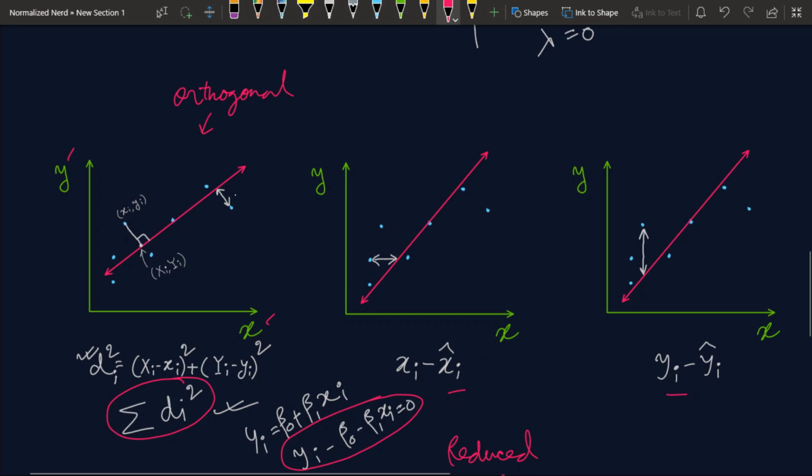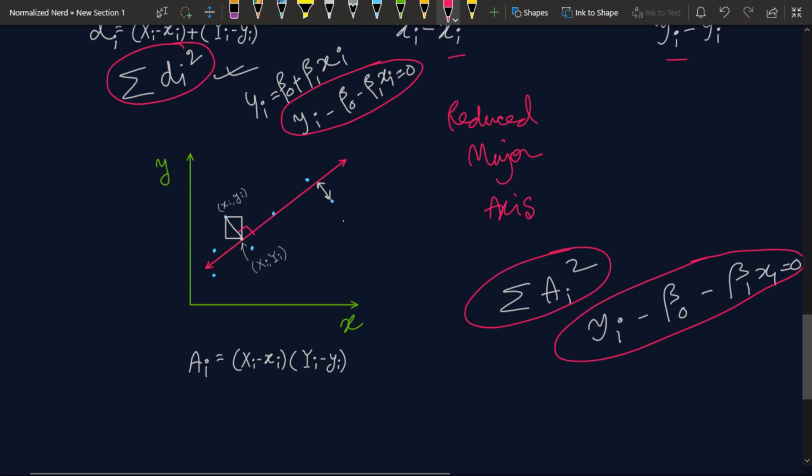But in our orthogonal regression and our reduced major axis regression, as we are considering errors for both the axes, we would always get one single regression line. That means it preserves the symmetry between x errors and y errors. So if you are trying to build a model which is symmetric with respect to your y error and x error, then you should probably go for reduced major axis or major axis regression.